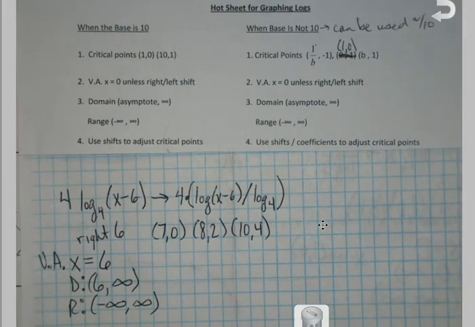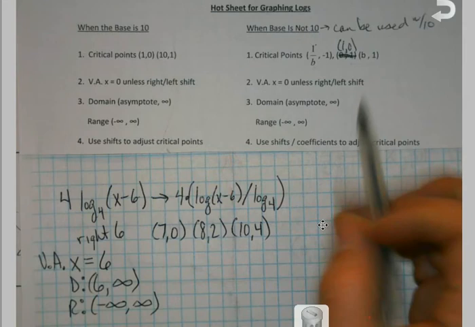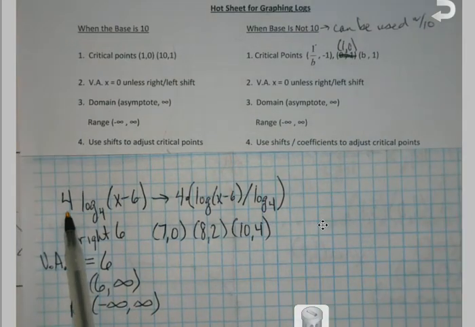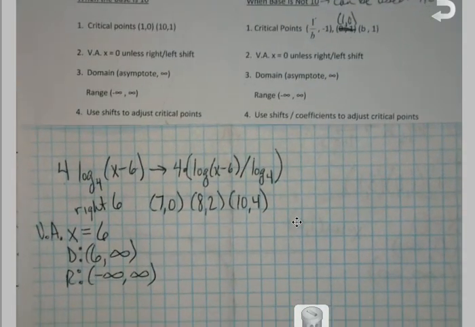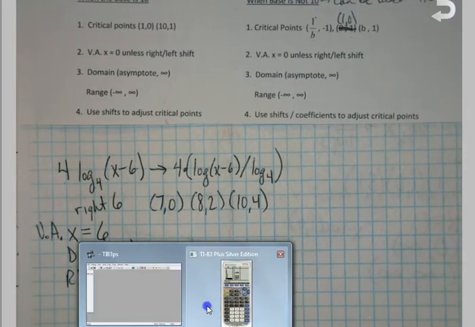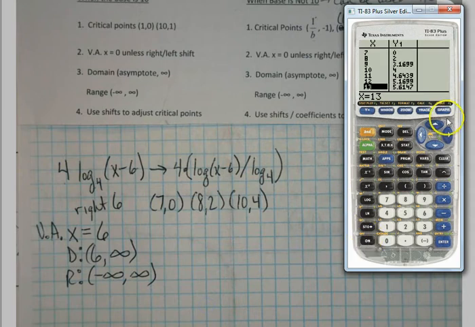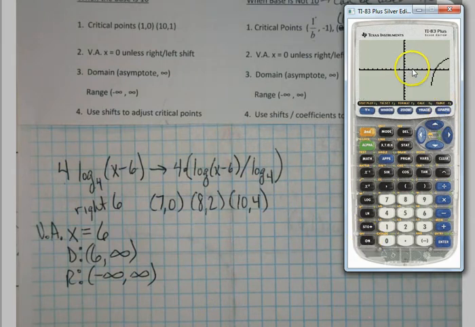That's the thing that gets tricky about trying to do all of this mentally. My suggestion for most of you is, if there's a coefficient in front like this, let the calculator help you come up with the extra points. Because you will notice, even when you look at the picture of it, it shifted to the right 6, and my asymptote's still in the right place.